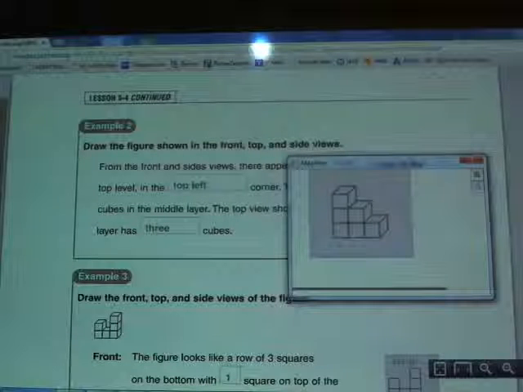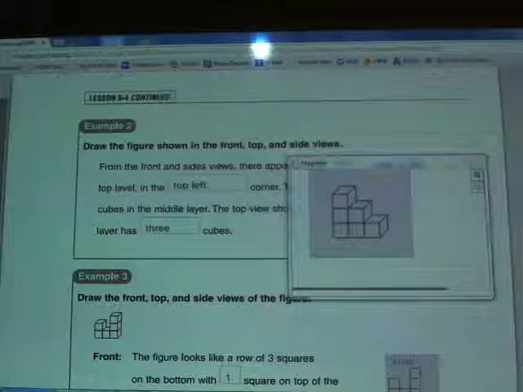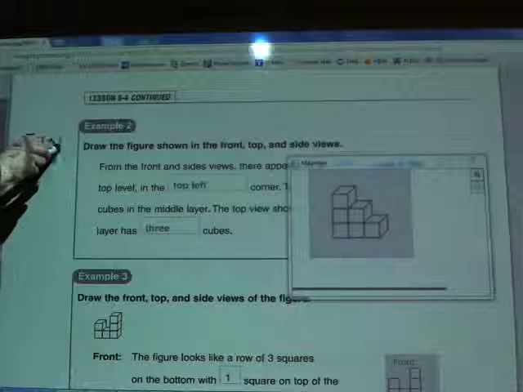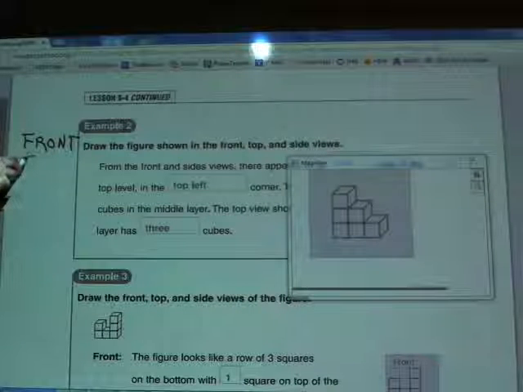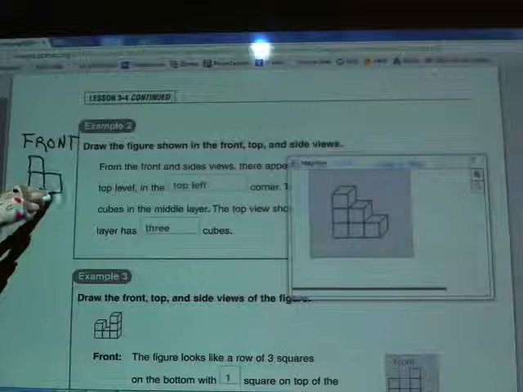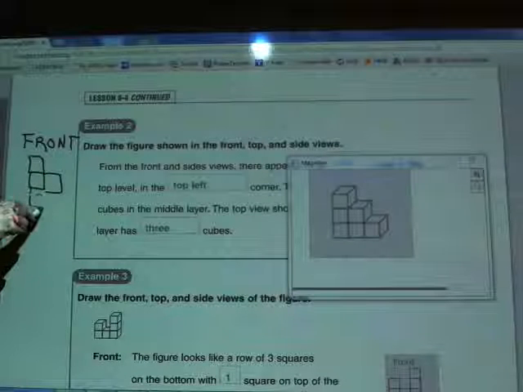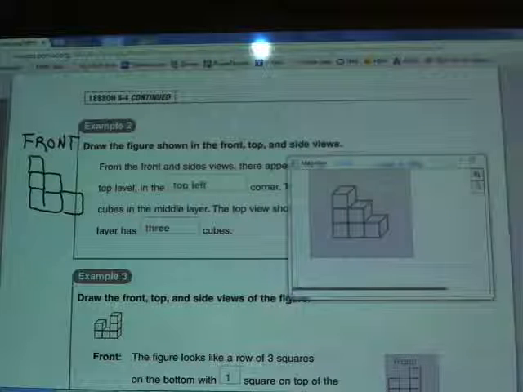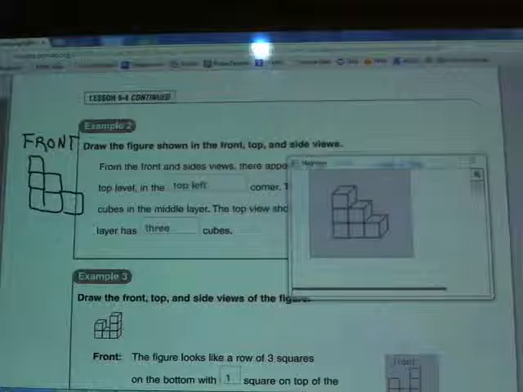Well, when we're taking a look at the front, we see one block on top, we see 2 blocks on the next row, and 3 blocks on the final row. All right, that's your front view, and that's all you have to draw. Again, it's drawn two-dimensional, so there's no perspective anymore like we have with the three-dimensional space.